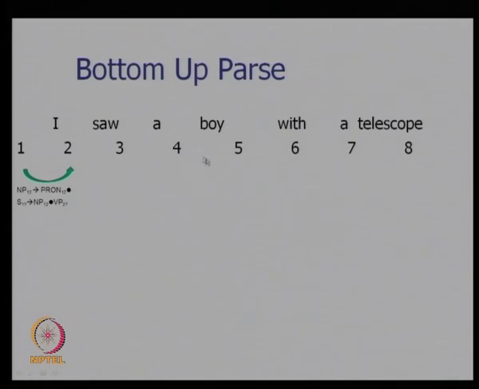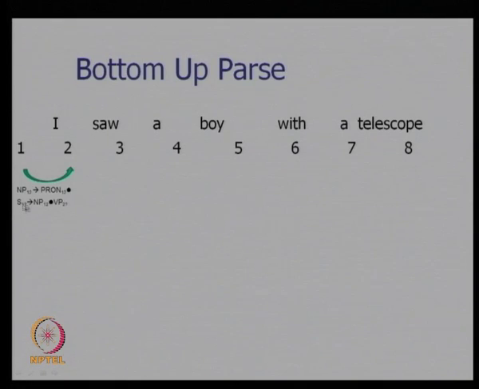So, when we have I saw a boy with a telescope, the first stage produces noun phrase and pronoun. All right. So, first we see that between 1 and 2 we have resolved the pronoun and NP is resolved with pronoun. The dot moves over pronoun.